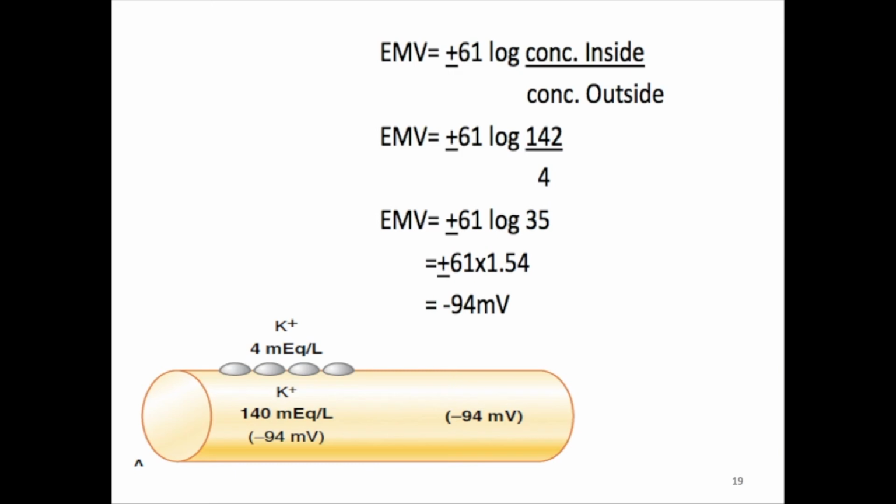You see, the logarithm of 35 is 1.54, and this is multiplied by 61, and then it becomes minus 94 millivolts. Therefore, if potassium ions were the only factor causing the resting potential, the resting potential inside the fiber would be equal to minus 94 millivolts.